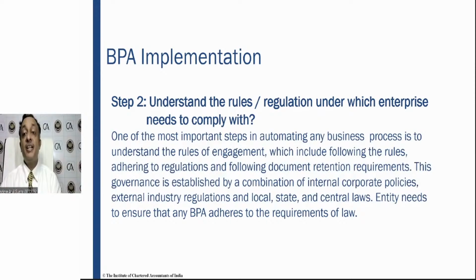Following documentation retention requirements: if you're doing business process automation and going from physical to online documentation, then you need to look at for what period those physical documents need to be preserved. This governance is established by a combination of company policy, corporate policies, external industry regulation, and local, state or central tax laws. The entity needs to ensure BPA adheres to the requirements of law as it comes.